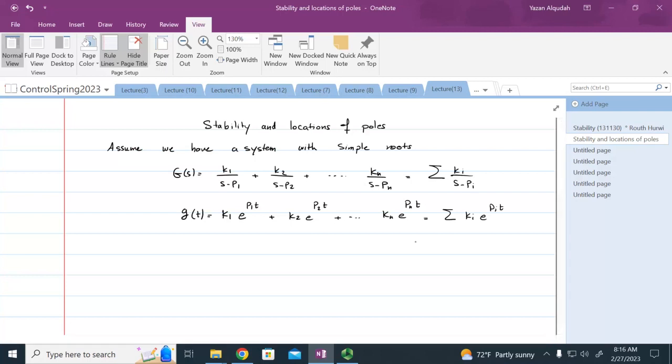Now if I take this and integrate the absolute value of g of t, when is this integration going to be bounded?